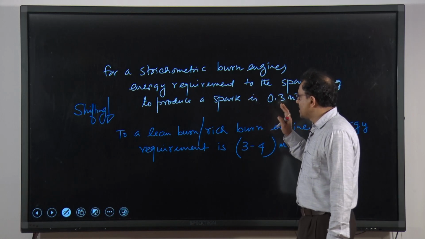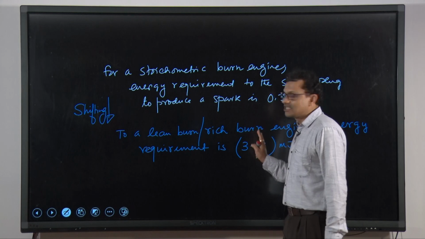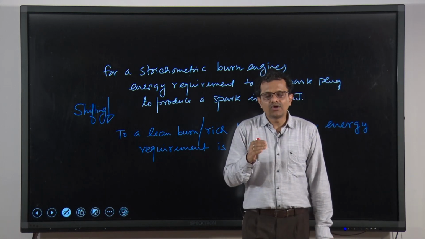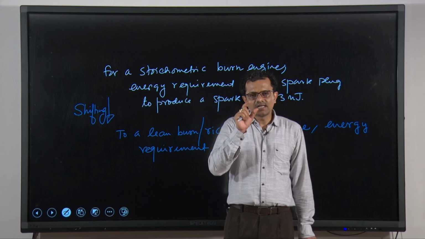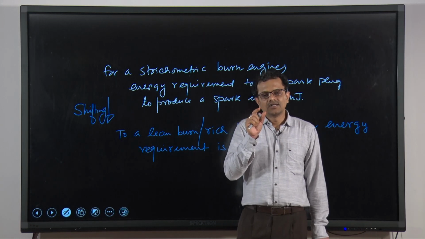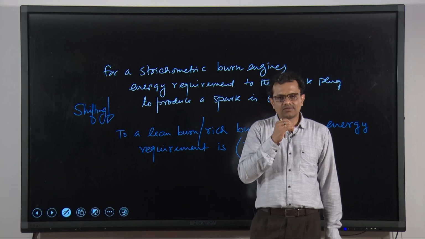Can we supply a constant energy irrespective of lean burn or rich burn, so that the engine will always supply a fixed amount of energy to the spark plug, and that much energy will be obtained from the ignition coil?